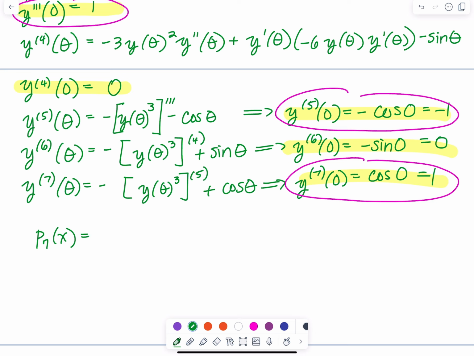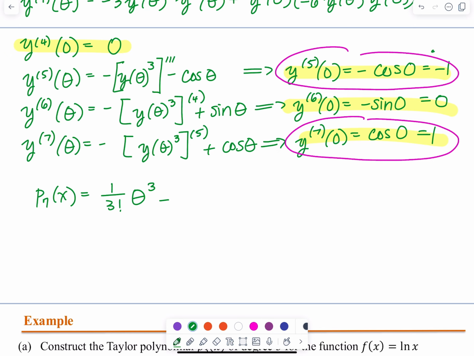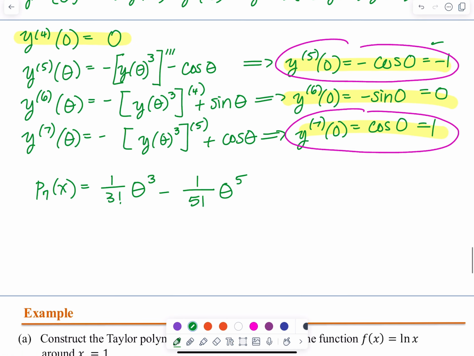We first have our y triple prime of 0, which is 1, divided by 3 factorial multiplied by theta cubed, minus, now we'll work on this one, which will be a 1 divided by 5 factorial multiplied by theta to the 5th, plus a positive 1 over 7 factorial multiplied by theta to the 7th power.